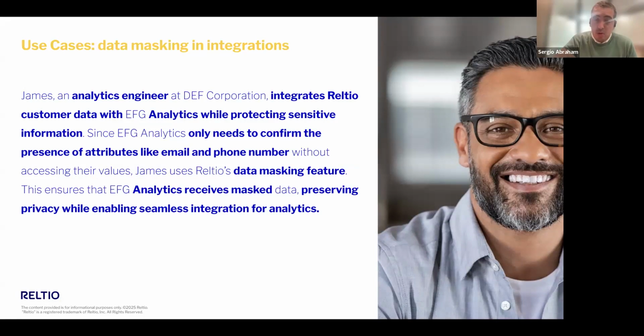For example, maybe you want to see if the email is actually there, or if the phone number is actually there in the attribute, but you don't really need to see the value. In that case, you can implement masking at the API level for your integrations, your connectors, where the data will go to the reporting or analytics tool, but not the full plain text value. So that's another option.